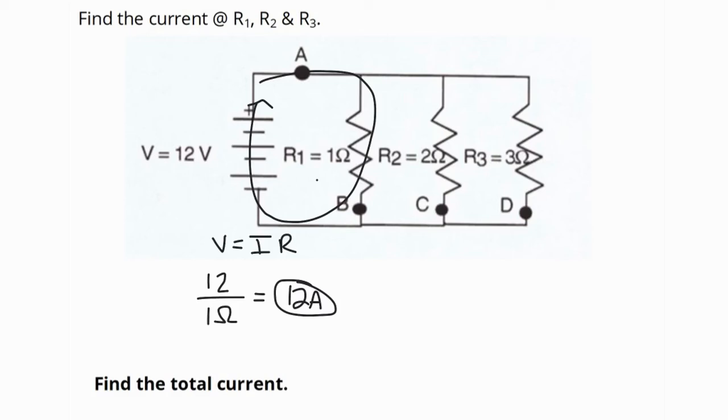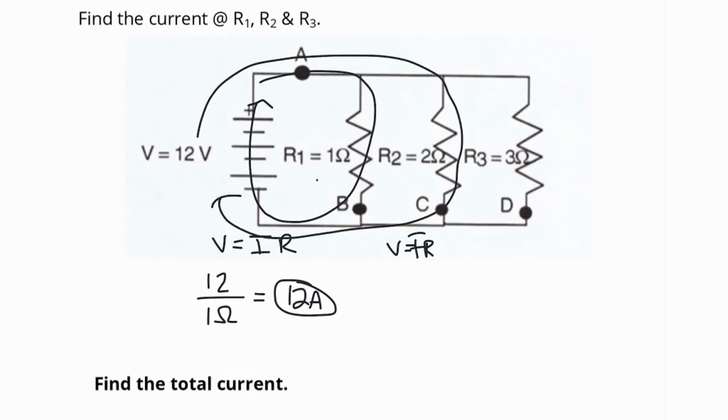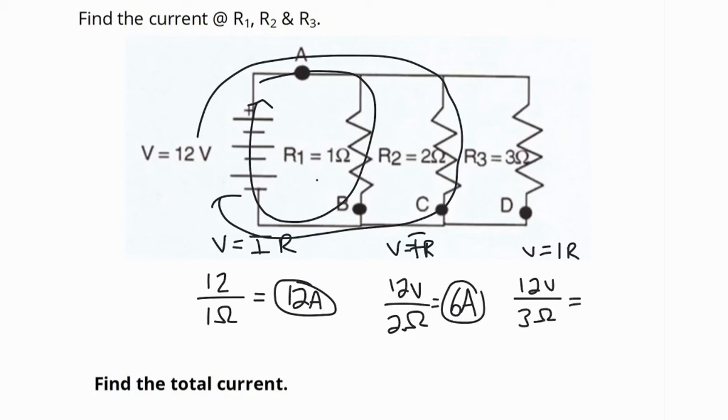If I want to look across R2, again, V equals IR. If I want to find current across there, I'm going to have that 12 volts across that 2 ohms. So my 12 volts divided by 2 ohms, and I get 6 amps. And then finally for the third resistor, take my voltage of 12 volts, divide by 3 ohms, and I get 4 amps.